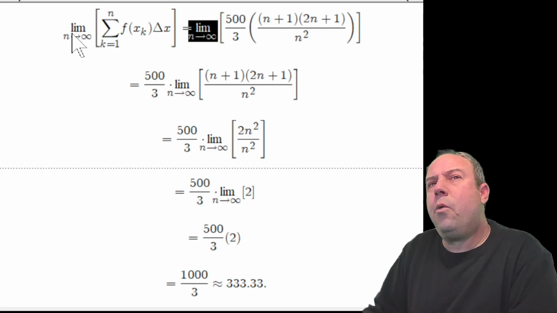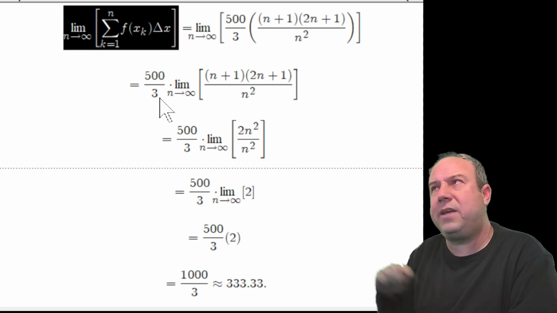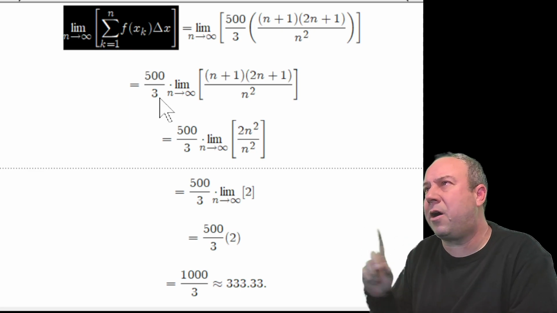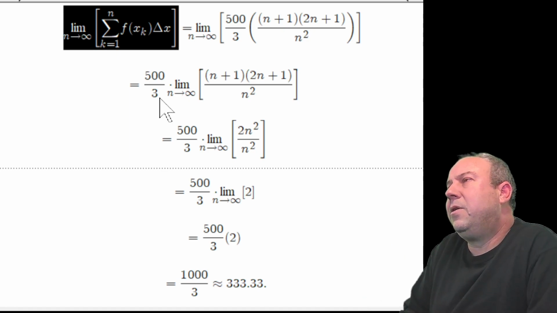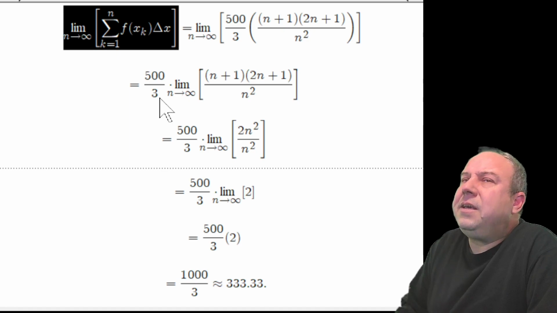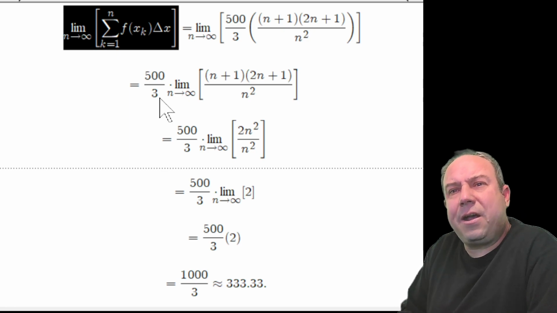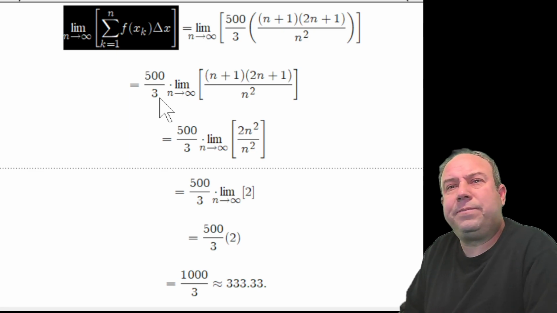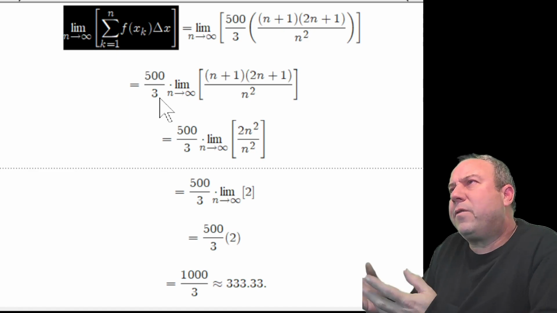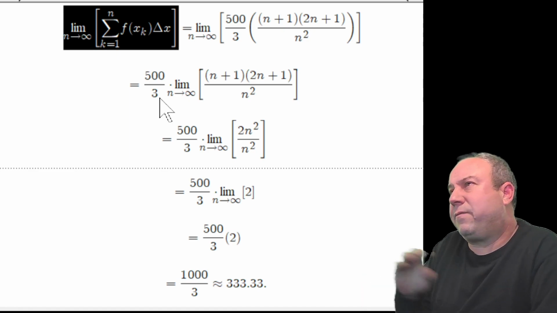When I take a limit and I apply it to a Riemann summation, whether it's a right, left, or midpoint, or any arbitrary x sub k value, what will happen is it will always approach the exact area of that trapped region for any function over any interval from a to b.